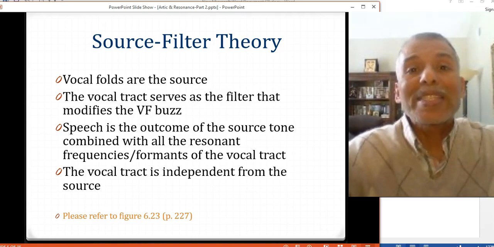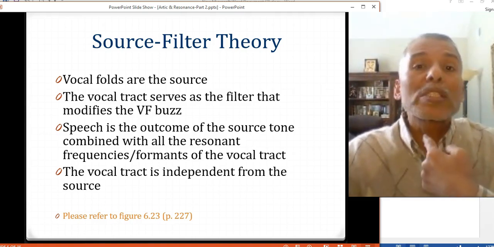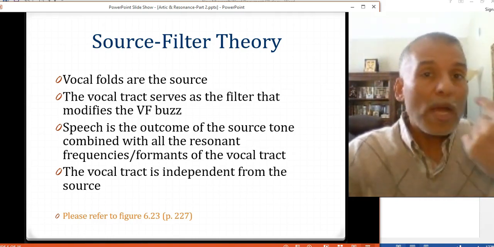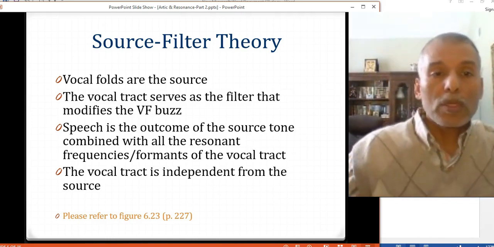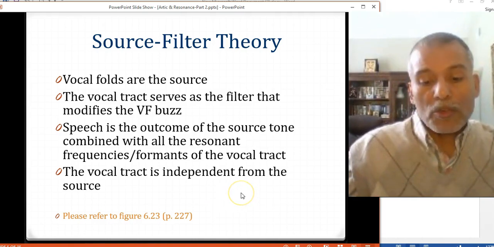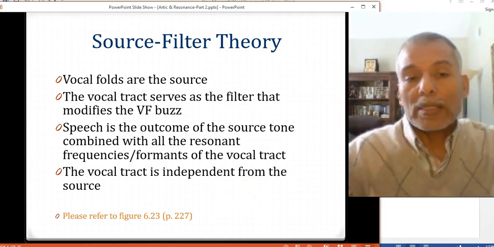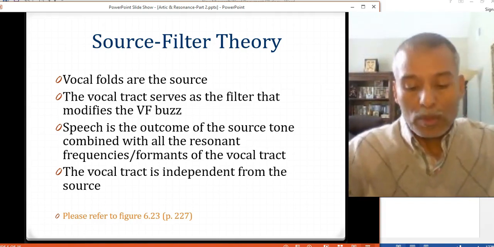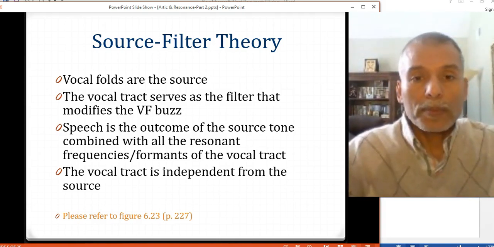It is the source sound, because if you don't have that original sound from the vocal folds, then nothing is going to happen after that in the vocal tract. So the vocal tract basically takes whatever you put through it and modifies it in a certain way.